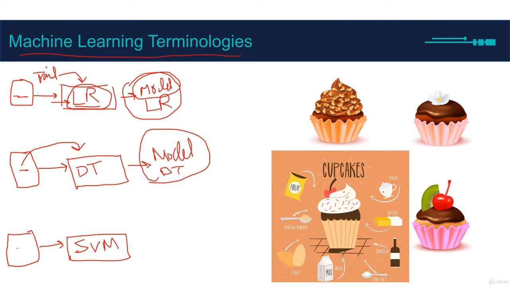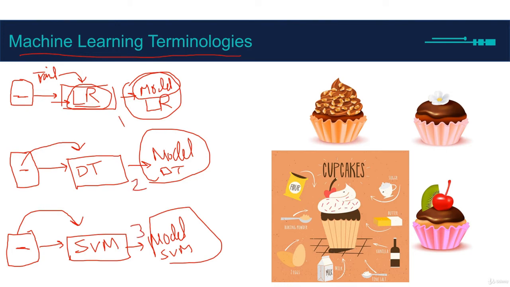And same thing here. This data was fed to the support vector machine algorithm, and then I have another model called support vector machine model. So now I have model number 1, model number 2, and model number 3.